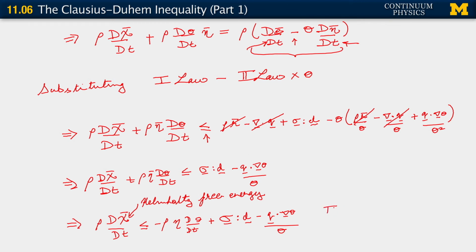What it's telling us is that in admissible processes, the free energy cannot increase. It's always decreasing or stays constant. So the free energy inequality basically says that the free energy decreases. Or really properly, the free energy is non-increasing.